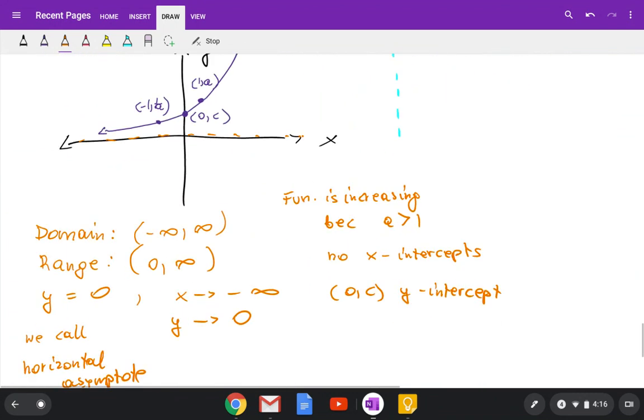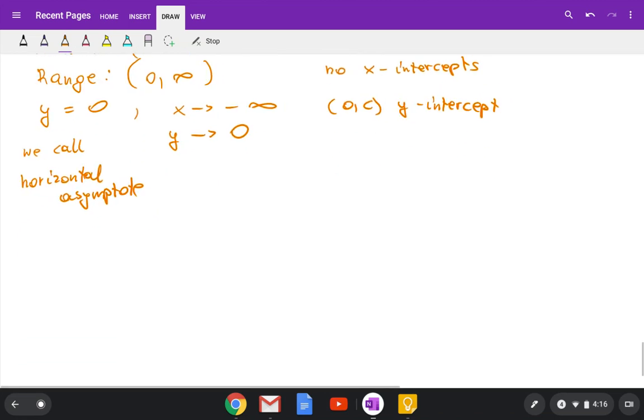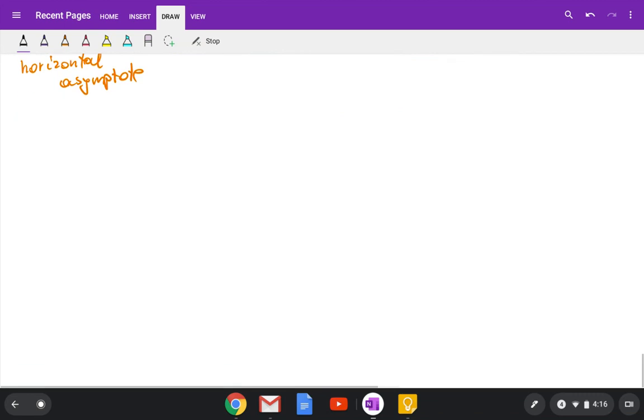Next, the second graph. The second graph is going to be a case of a decreasing graph. So exponential functions can also be decreasing. So this is the decreasing case. You have exponential graph y equals c times a to the power of x.